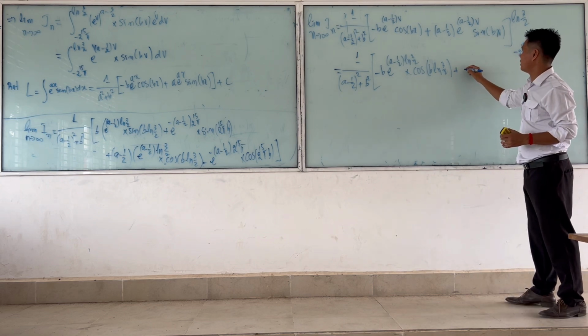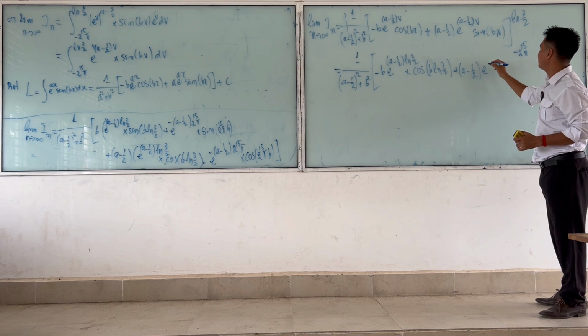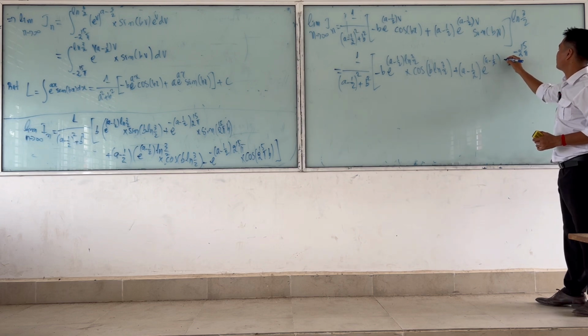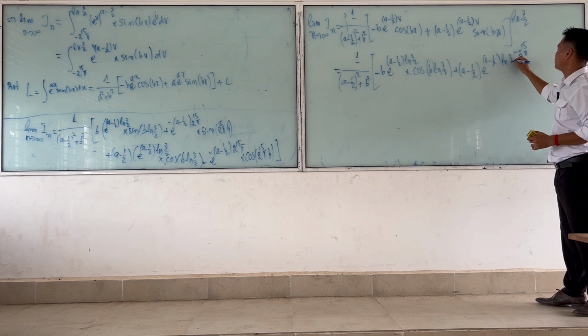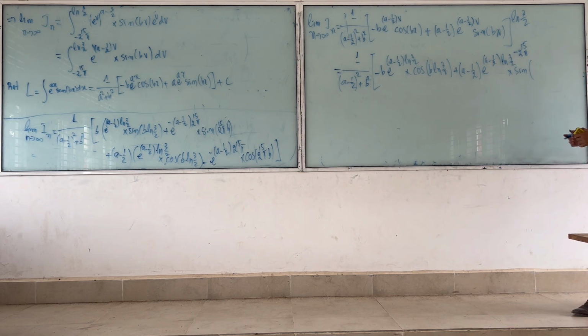This plus (a minus 1 over 2) e to the power (a minus 1 over 2) multiplied by natural log 3 over 2 multiplied by sine of b natural log 3 over 2.